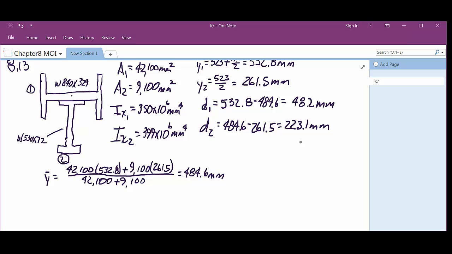Okay, so now we're down to just figuring out what the moment of inertia is for that, aren't we? So it's going to be the moment of inertia for the x-axis.